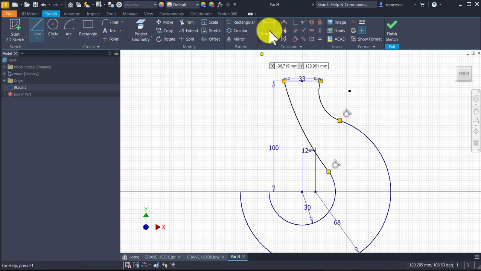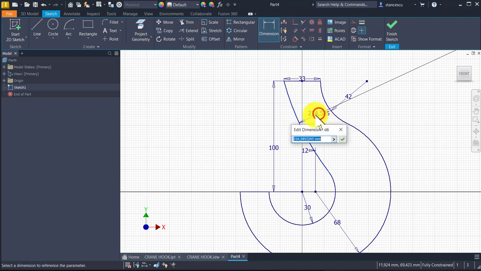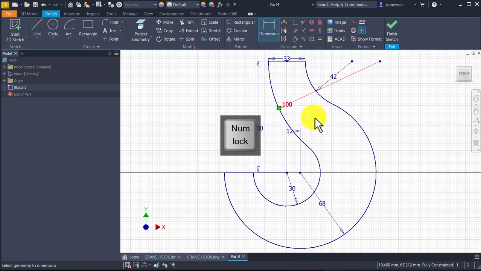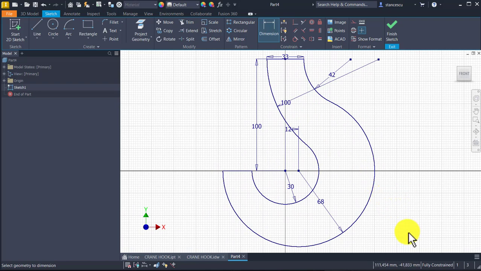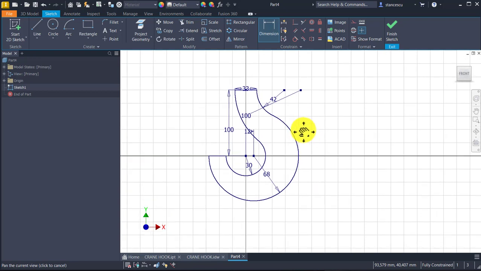Then I apply radius 42 here and 100 to the other. What we obtain? A fully constrained sketch, my friends. Yes?